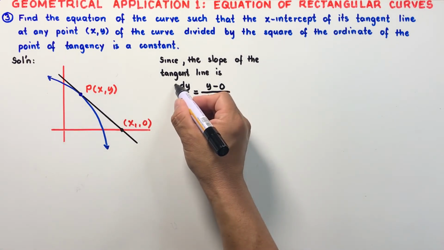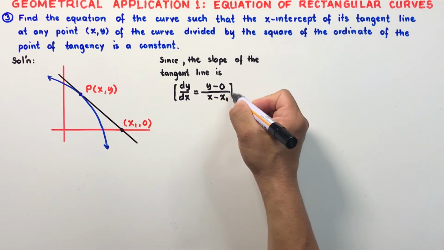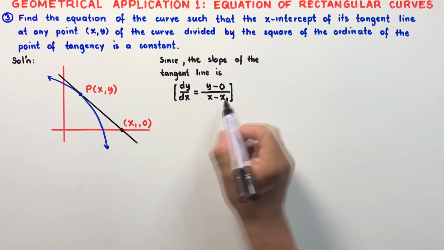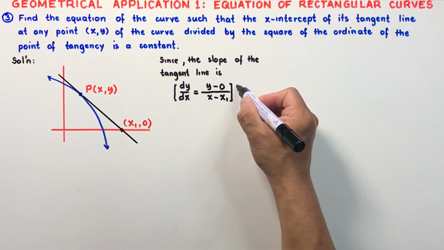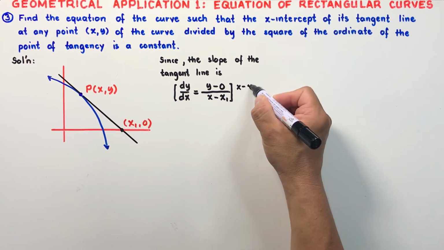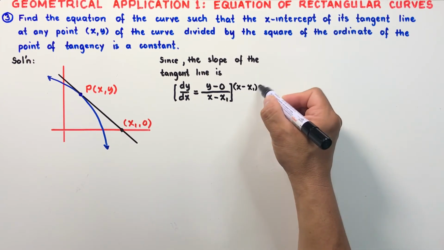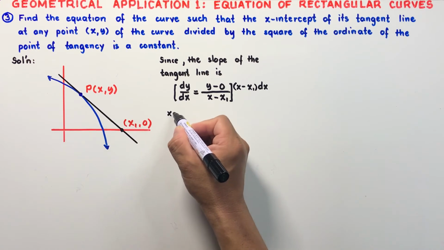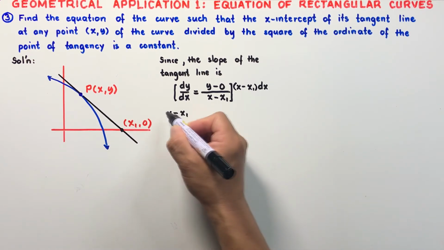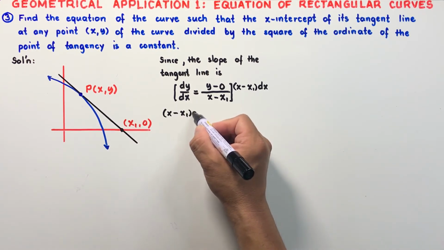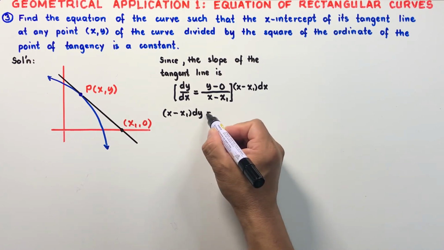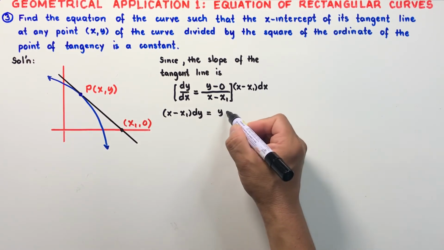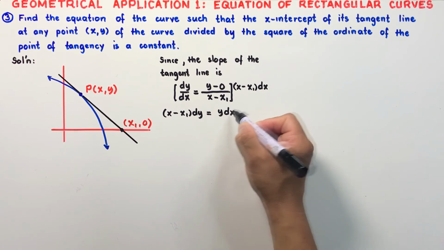And multiplying this equation by the LCD of the denominator, we have (x minus x sub 1) times dy, and this is equal to y times dx.